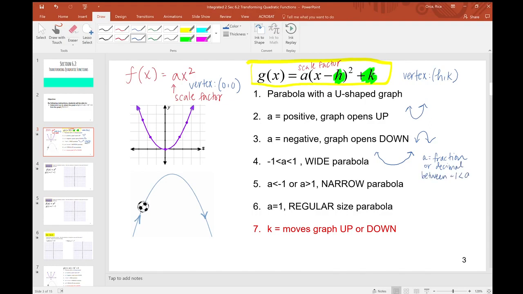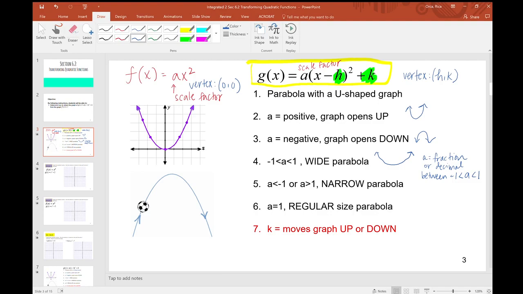-1 and 1. If it's not between -1 and 1, then the parabola is not going to be wide. So for example, 1.5 would not create a wide parabola. 1.1 is not a wide parabola.